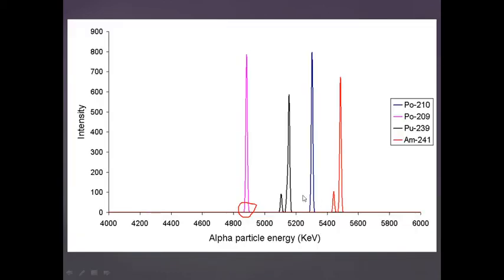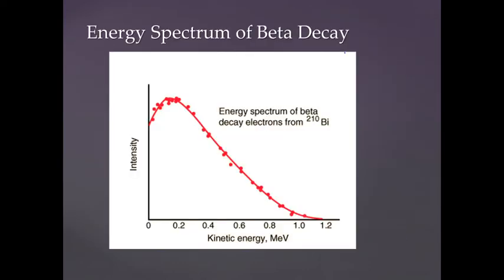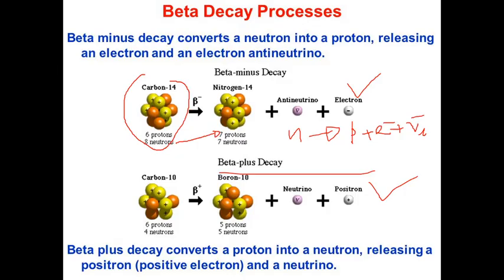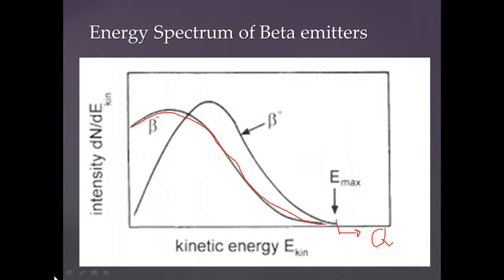Again, let me go back to this slide. This is your Q, the Q of the nuclear reaction in which alpha emission takes place. So the kinetic energy is more or less equal to Q. While here, this is where the Q is.